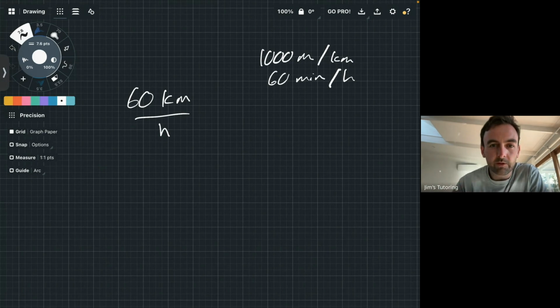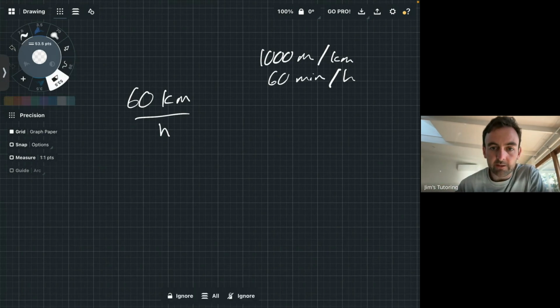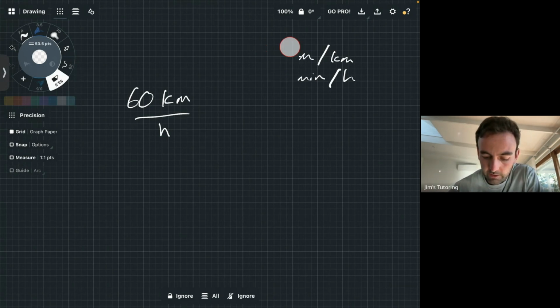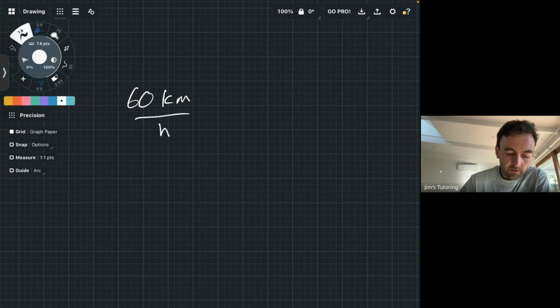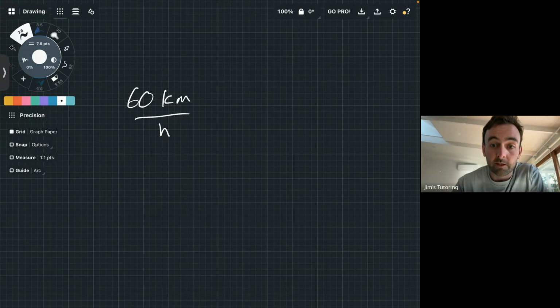But it's hard to know, especially in the GAMSAT with other units, whether you're multiplying by 1,000 or dividing by 1,000.